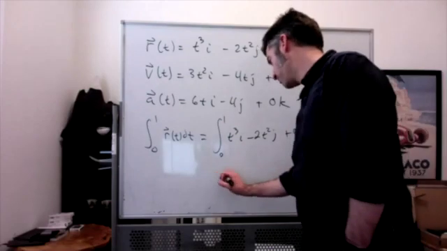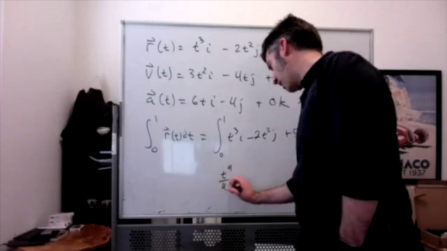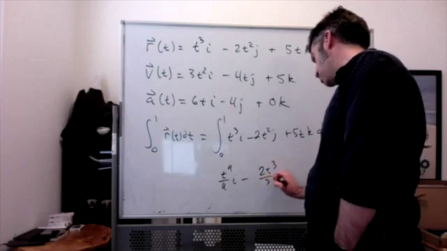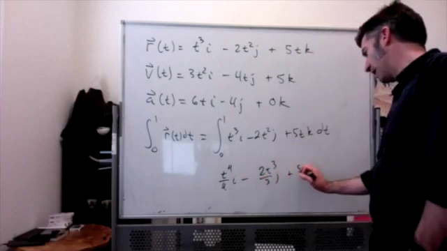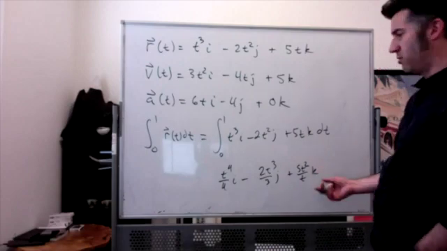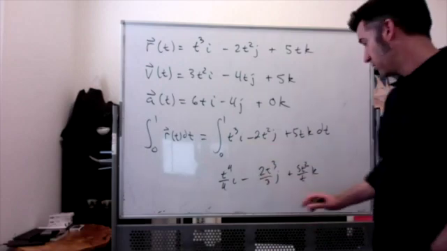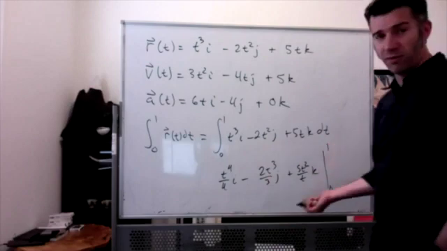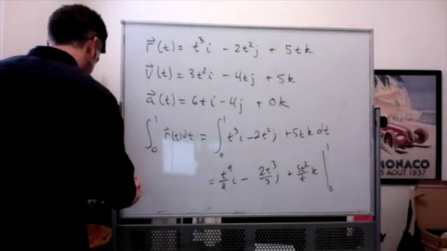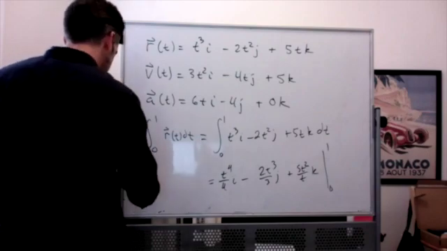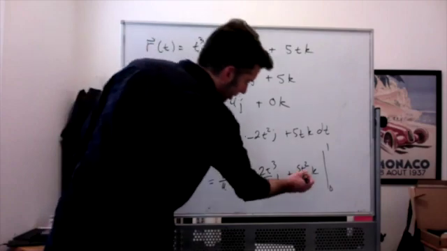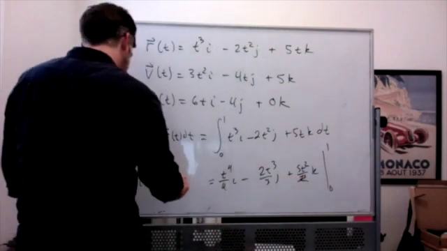So you're going to get t⁴/4 i − 2t³/3 j + 5t²/2 k. No plus a constant since it's definite from 0 to 1, and then you're going to plug in and you're just going to get 1/4 i − 2/3 j + 5/2 k.